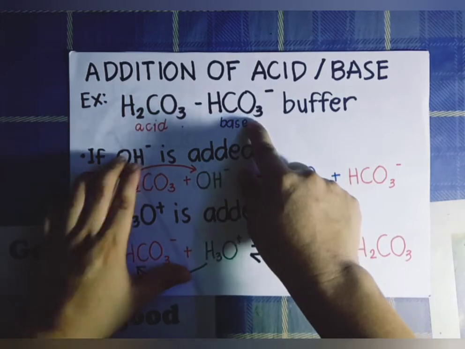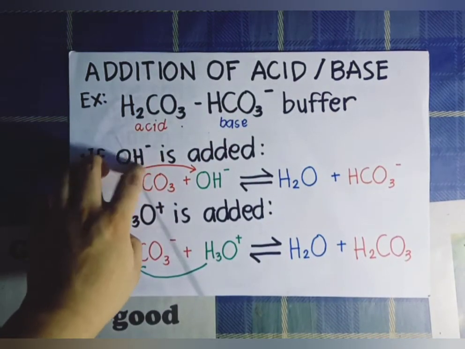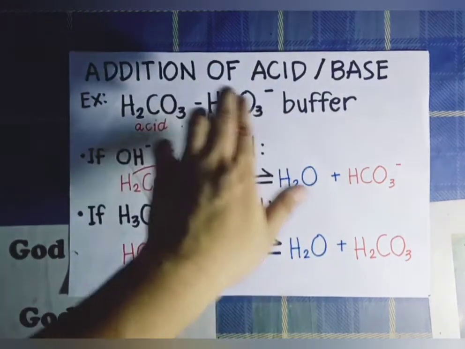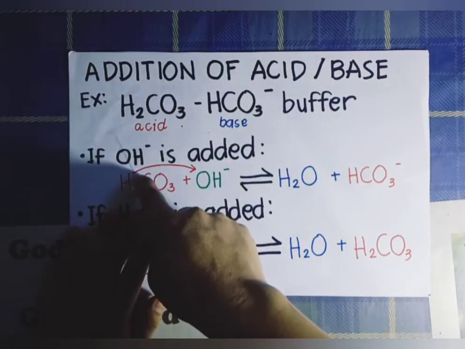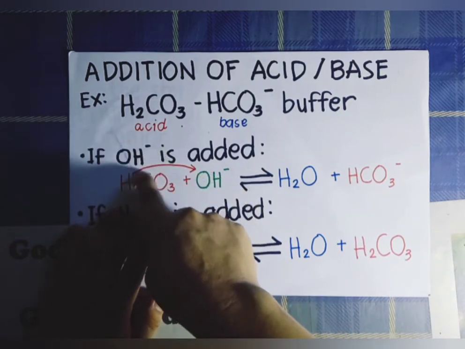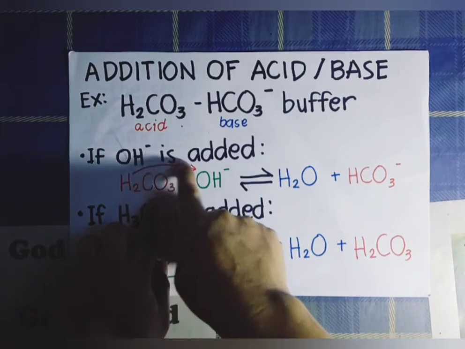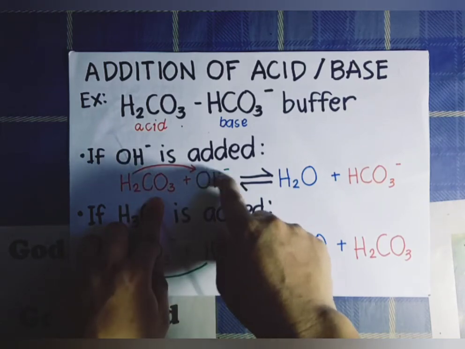which is the bicarbonate. Now, if a base, let's say hydroxide ion, is added to this buffer solution, the carbonic acid will be the one that will react against the added hydroxide ion or base. As an acid, carbonic acid will donate hydrogen to the hydroxide ion that has been added.